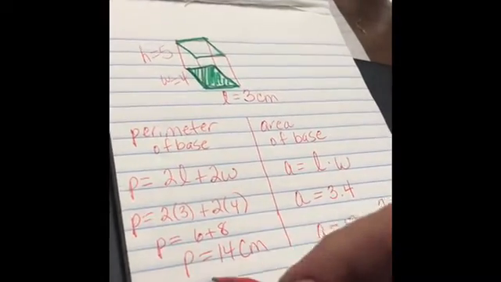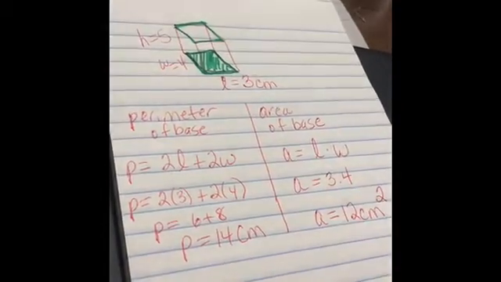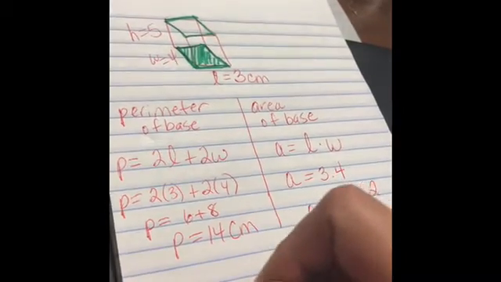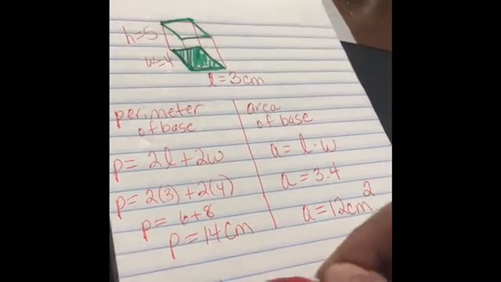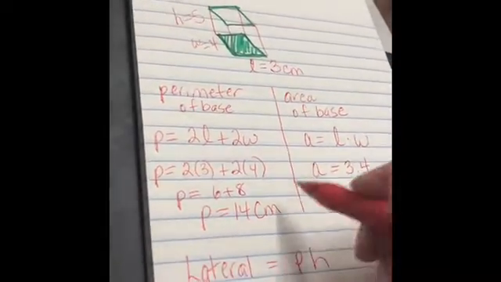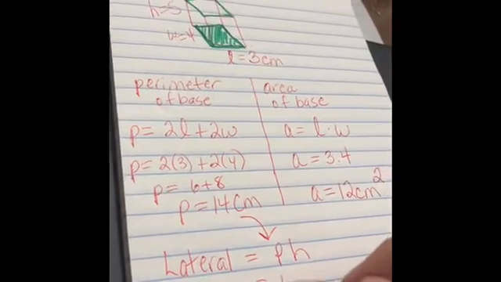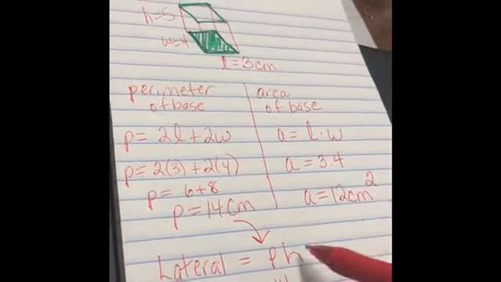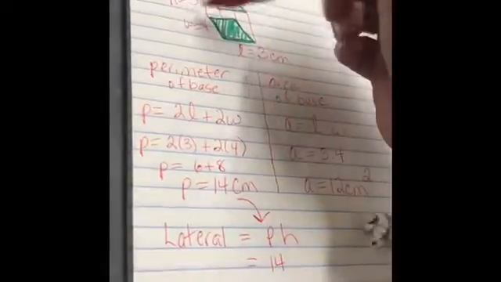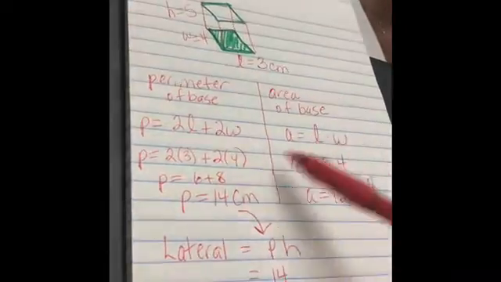And then if you want to find surface area, you can find lateral surface area and use PH. So you just take P that you already found, the perimeter of the base, which is 14, and then you use the height. And so usually we tell them the height of the prism is also the number you haven't used.